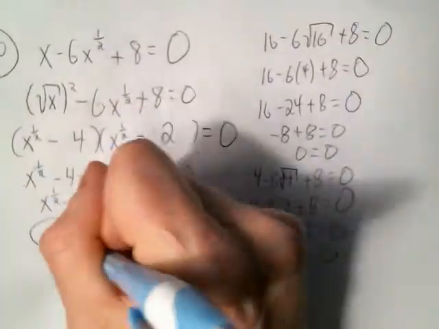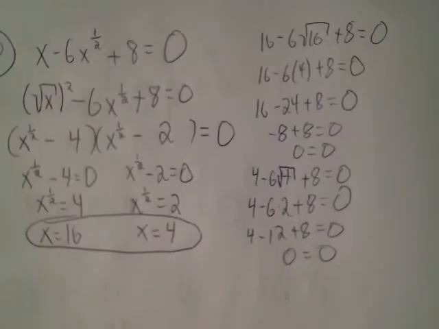So these are both solutions this time. Okay, let's look at a couple more variations on this theme. So probably about 5 more of these, and that'll do it for this section.